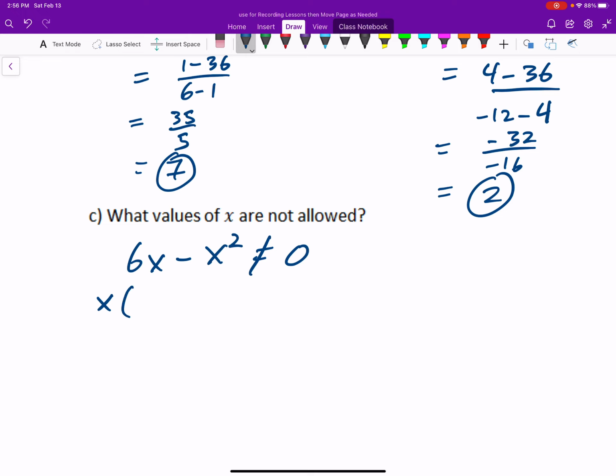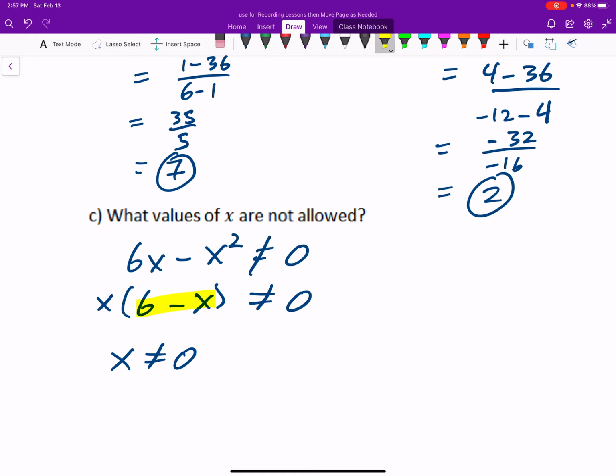So if x is a common factor, then what I've got is 6 minus x left in the brackets. So in that case, x can't equal 0, because if x equals 0, then 0 times the brackets will still equal 0. So that's one of my restrictions, and 6 minus x can't equal 0.